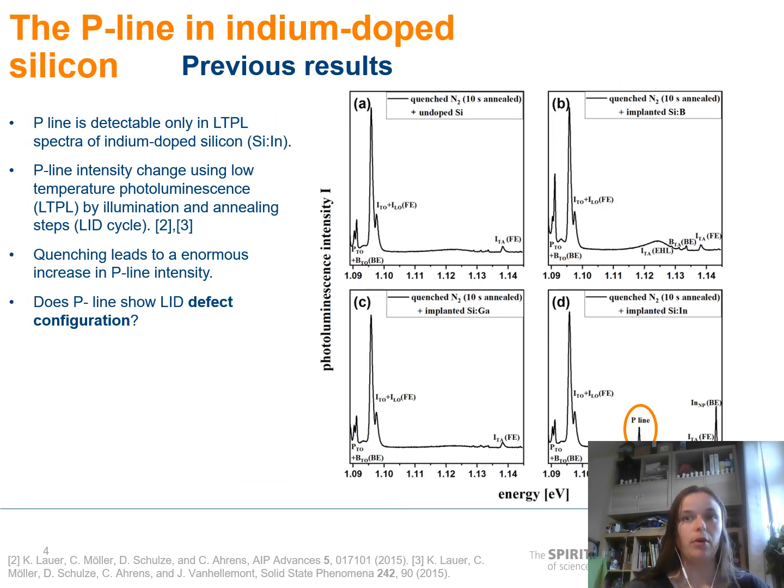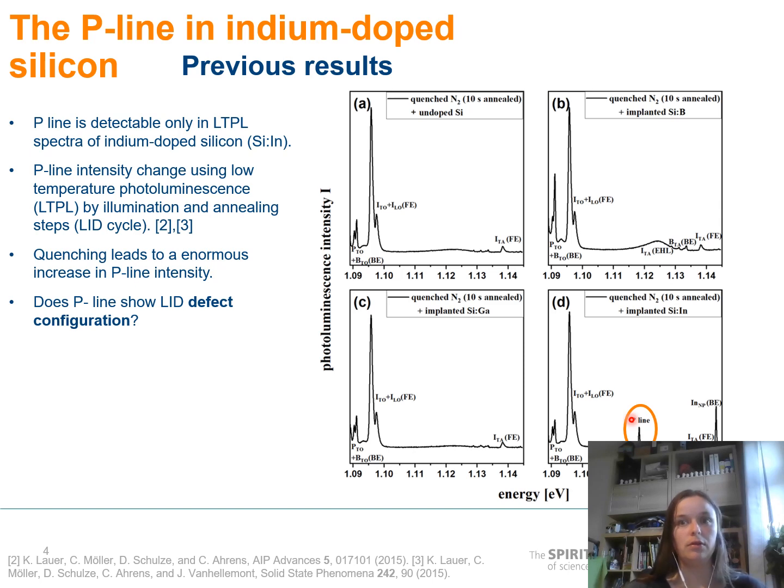The next step was to investigate the photoluminescence line called P-line with low-temperature photoluminescence. These three key properties describe the P-line. As you can see in the diagram, the P-line is only detectable in low-temperature photoluminescence spectra of indium-doped silicon.